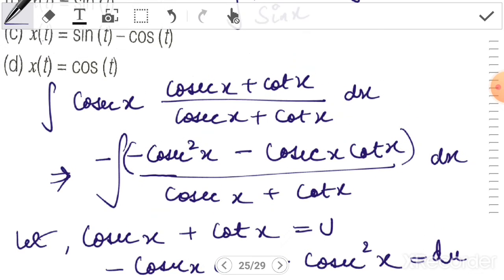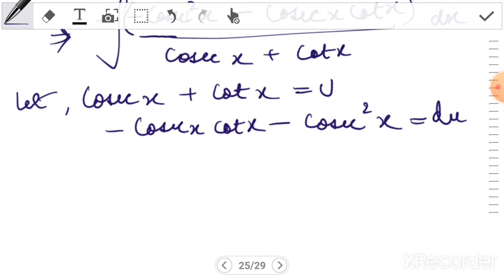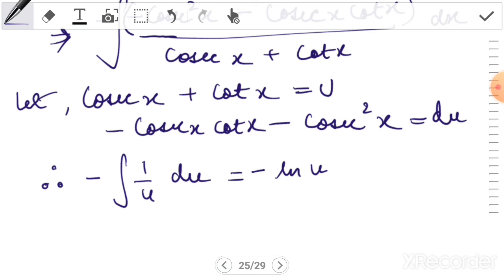So now this becomes minus 1 by u du. And integrating, we are well aware integration of 1 by u is log u plus c, right?